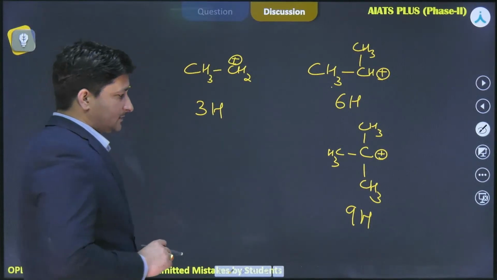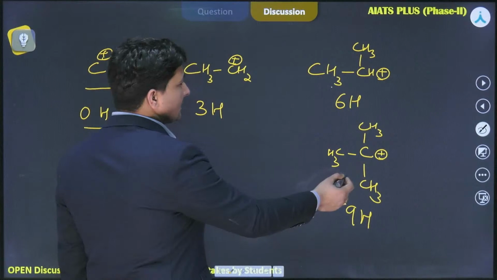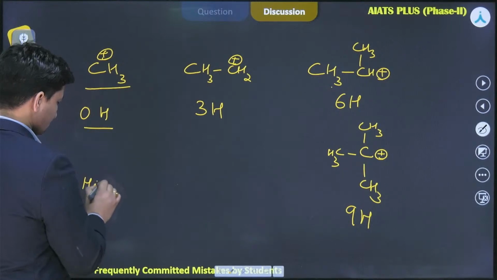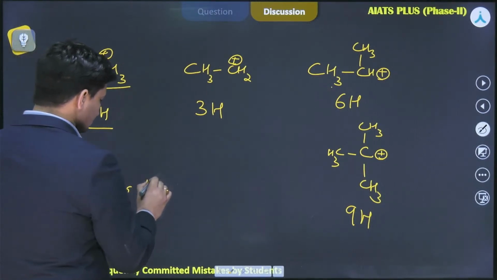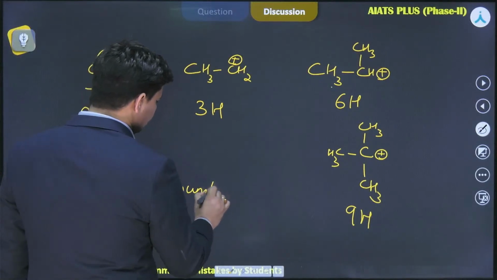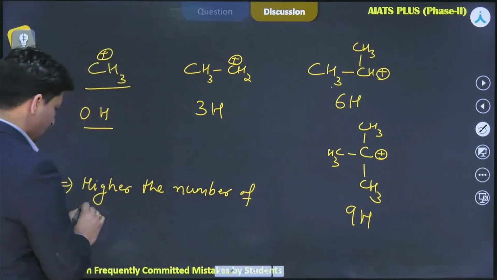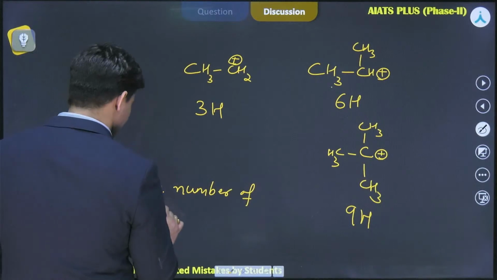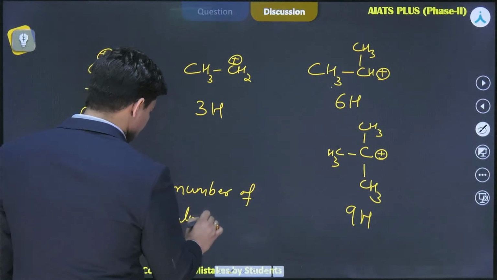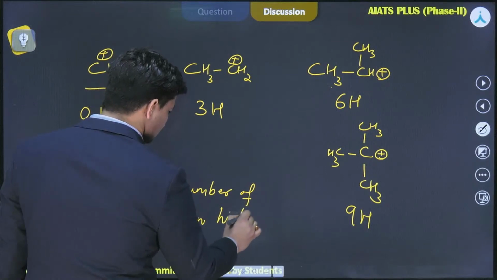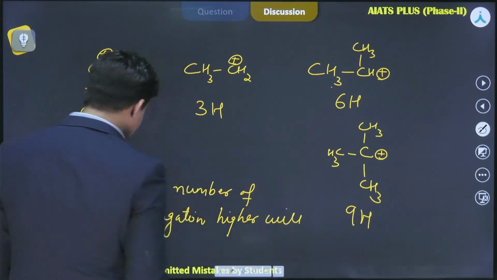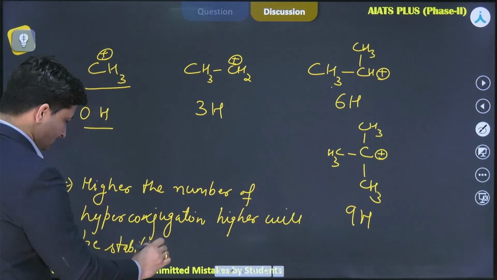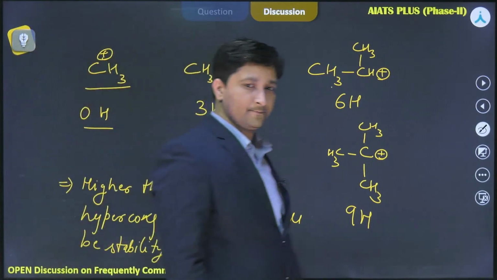Due to this, the tert-butyl carbocation is most stable. So you can note down: the higher the number of hyperconjugation, the higher will be the stability.